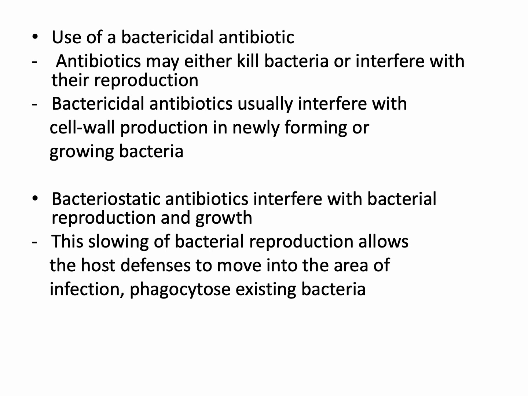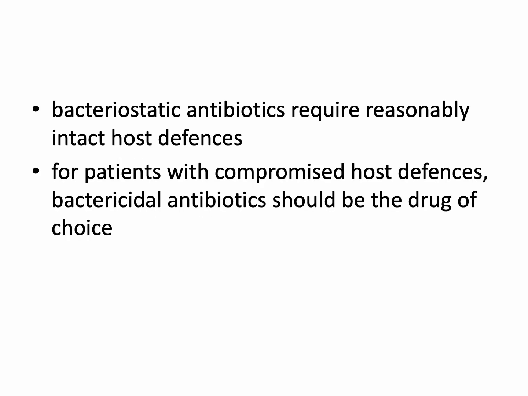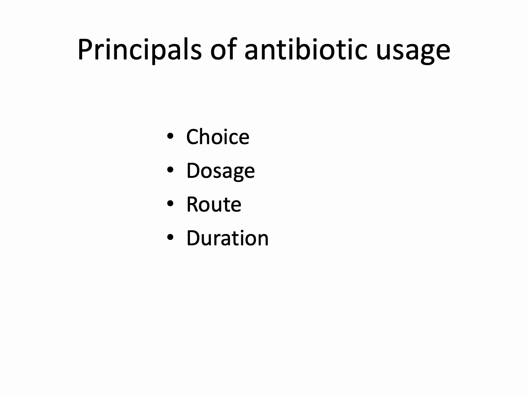This slowing of bacterial reproduction allows the host defense to move into the area of infection and phagocytose the existing bacteria. So bacteriostatic antibiotics require reasonably intact host defense. For patients with compromised host defenses, bactericidal antibiotics should be the drug of choice.